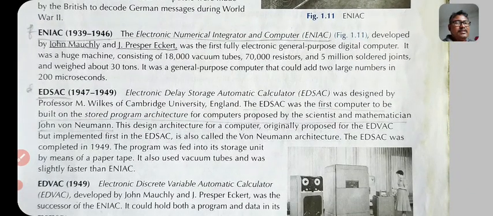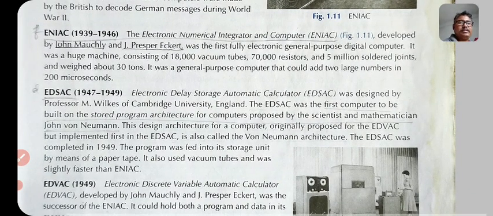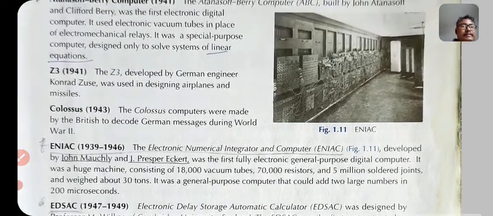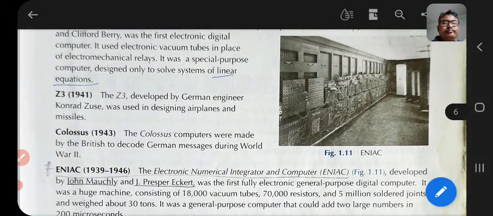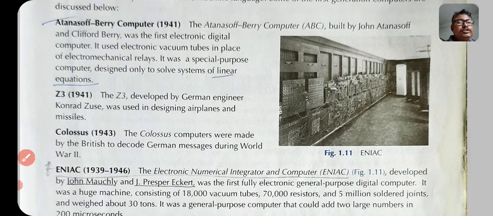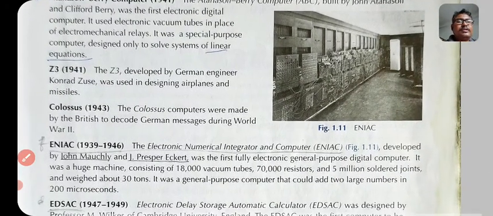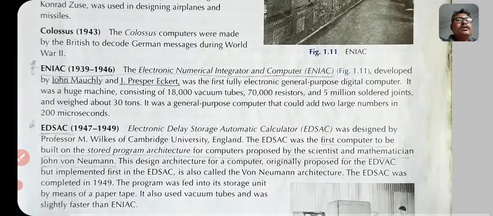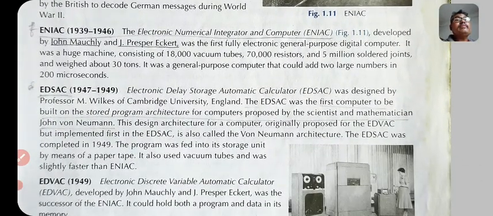And ENIAC was the first general purpose computer introduced. It is a huge machine, and you can see this is the ENIAC. Once you install it, you cannot carry it from one place to another. It is fixed, and it used 18,000 vacuum tubes.